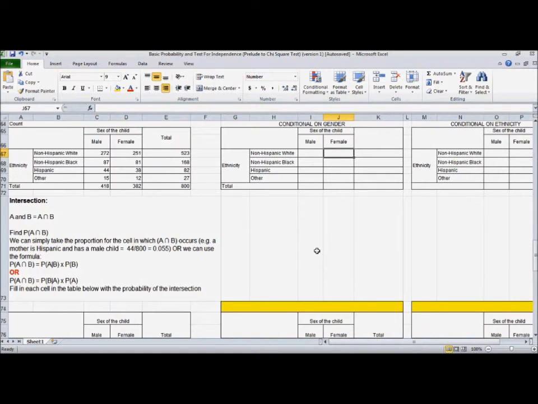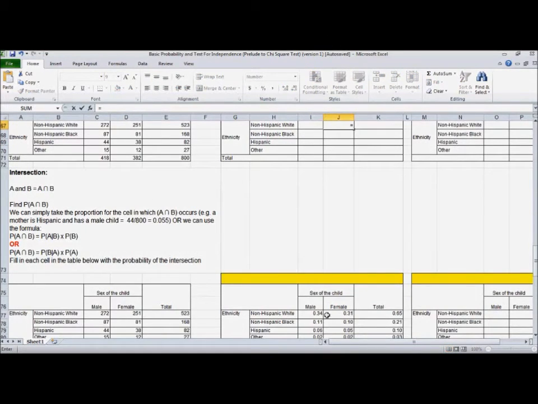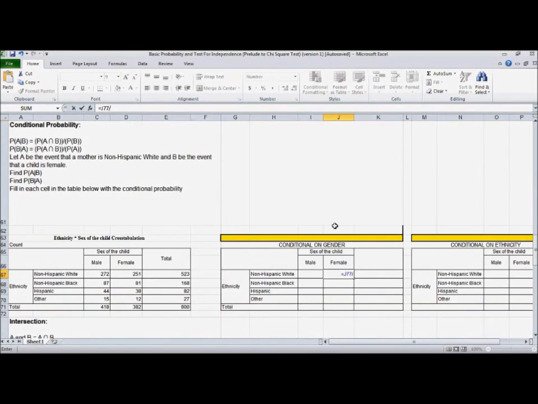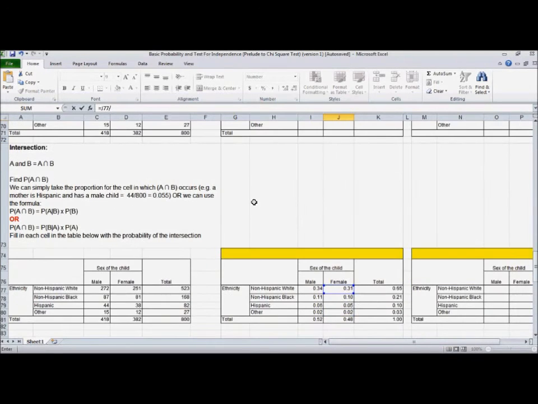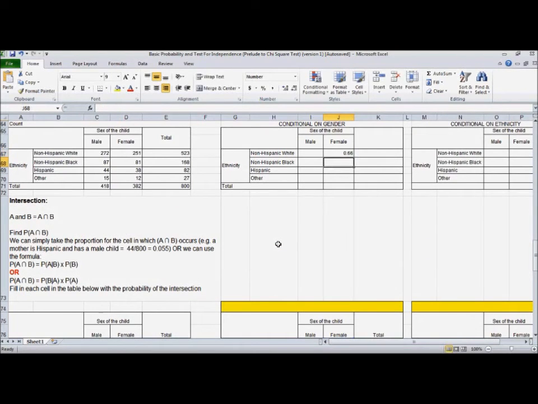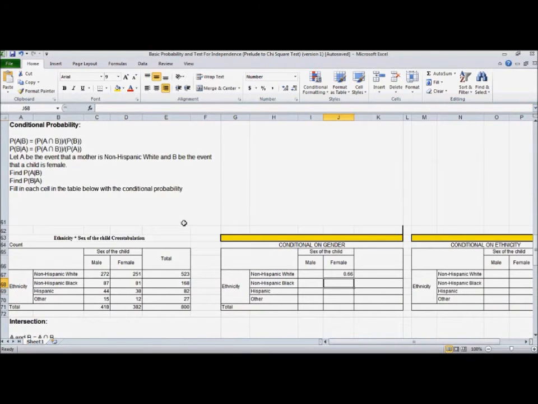So we say equals 0.31 divided by the probability of B. We said B is the event that a child is female. So the probability of a child being female is 0.48, right? And what do we see here? That we have exactly the same value as before.